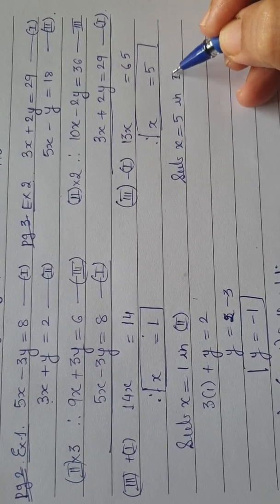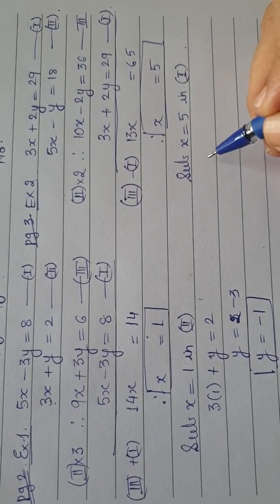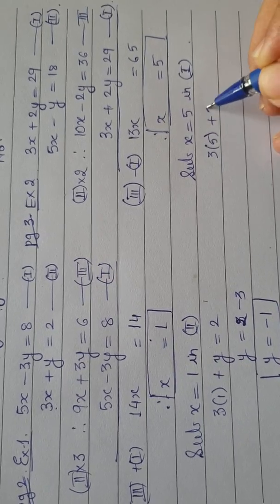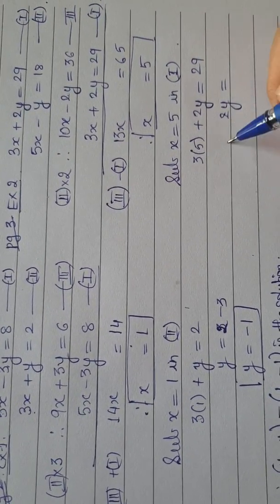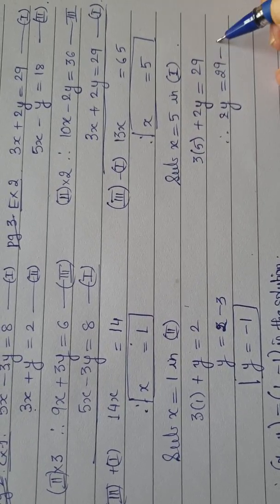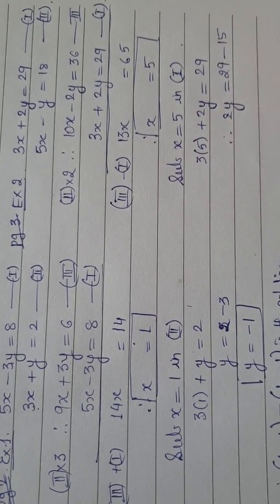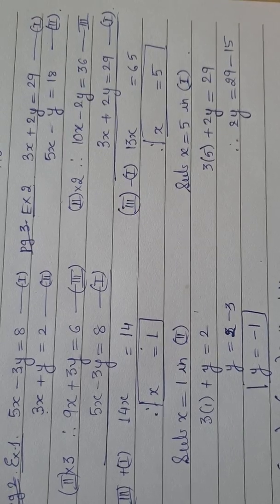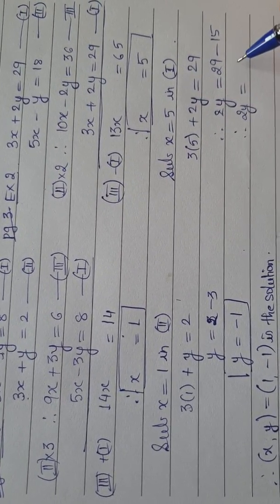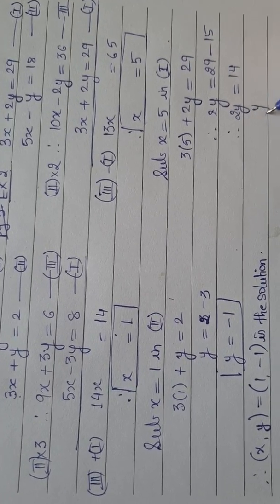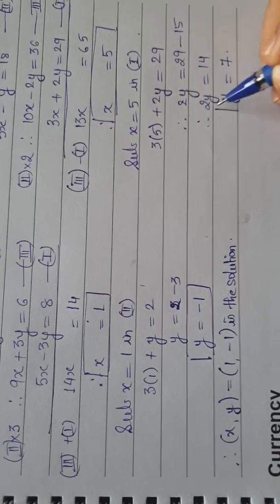Just to show you, it is 3 into 5 plus 2y is equal to 29. So 2y is equal to, put a therefore sign there, 29 minus 15. Where did you get the 15? It came on the left hand side. Therefore 2y is equal to 14, and y is equal to 7.